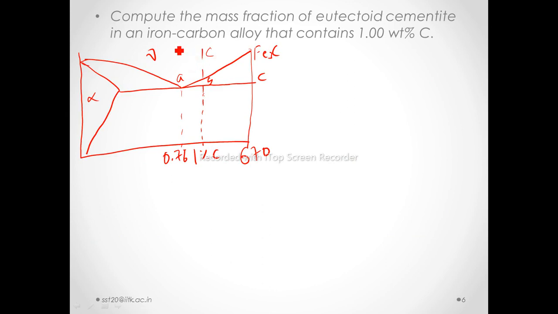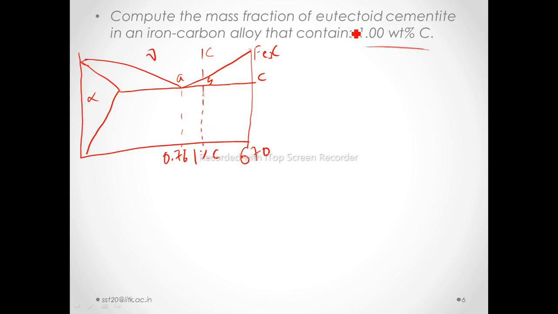Our next problem is to compute the mass fraction of proeutectoid cementite in an iron carbon alloy containing 1 weight percent of carbon. From the phase diagram, it clearly indicates that this 1 weight percent comes under hypereutectoid steel.